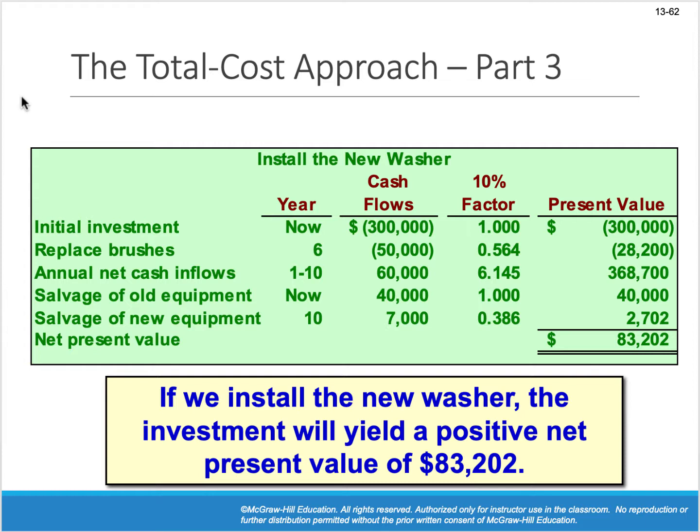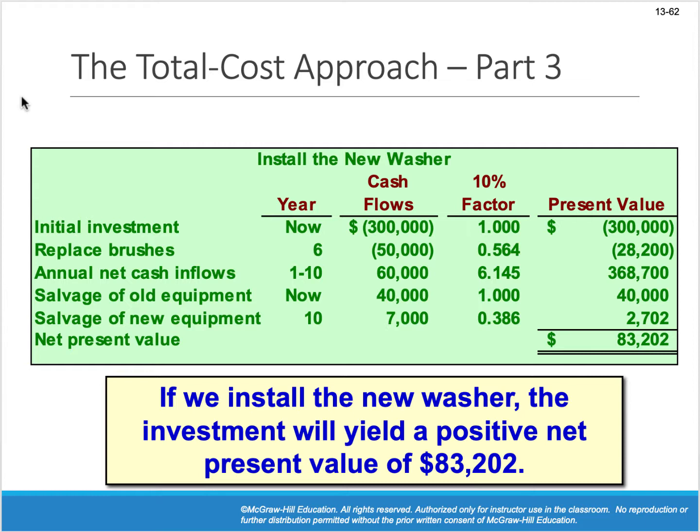When we add all that up, we see that if we install the new car wash, the investment will actually yield a higher rate of return than the discount rate, right? We know that because we see that the net present value is positive by $83,202.